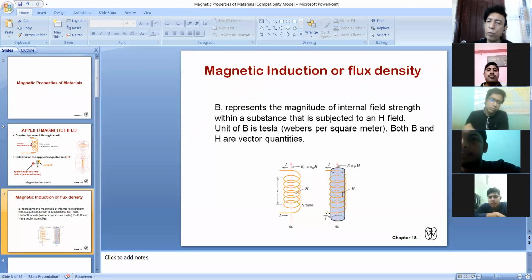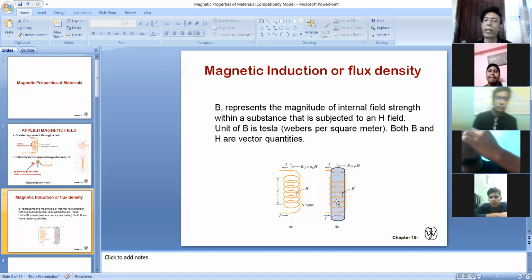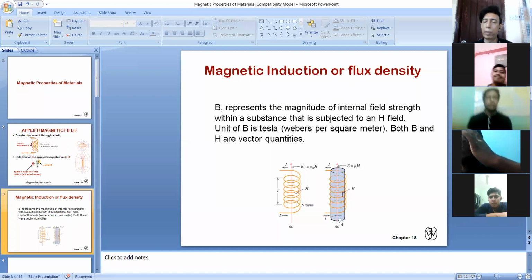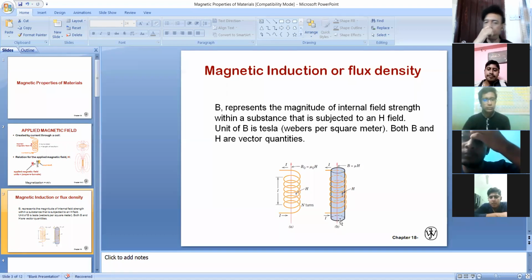There are lines of forces of this original magnet, and now you have placed a magnetic material inside this, and it becomes a magnet. That means the magnetic material becomes a magnet.